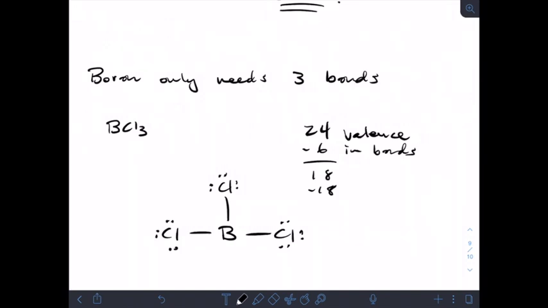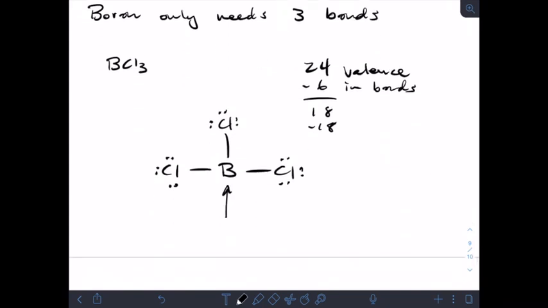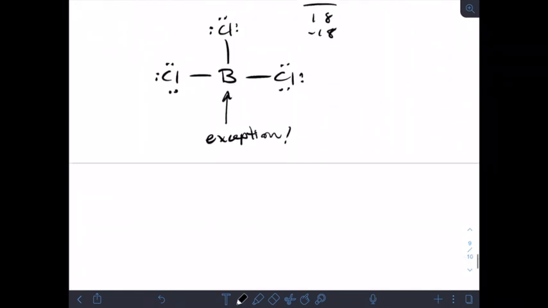Now, normally my next step would be to make sure that everything has at least an octet. But boron is an exception, and it's just one that you have to know. That's one that you just need to have memorized: boron is perfectly happy having less than an octet.